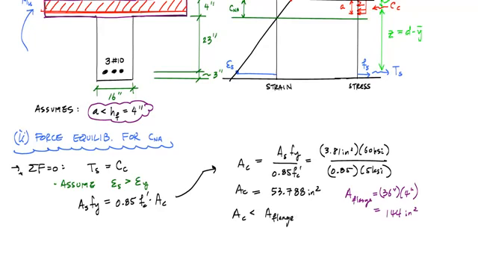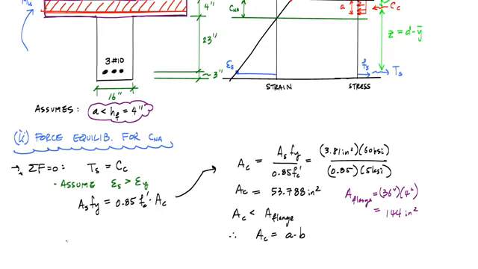It still stays as a rectangular block. And so I can say, therefore, because the area of the compression is less than the area of the flange, the area in compression, A sub c, is equal to a times b, where a is the depth of the Whitney stress block, b is the width of the flange. And I can solve for a here directly now.